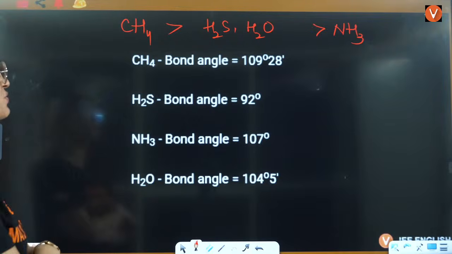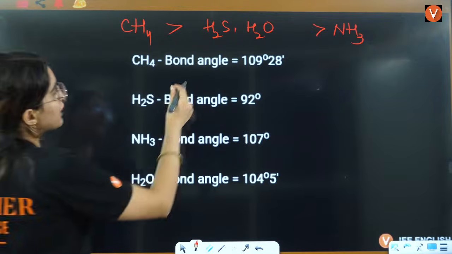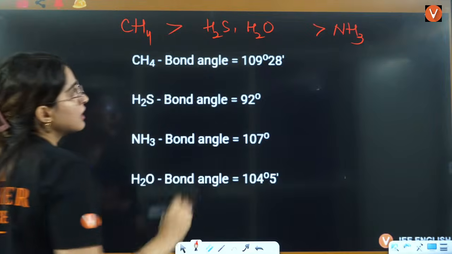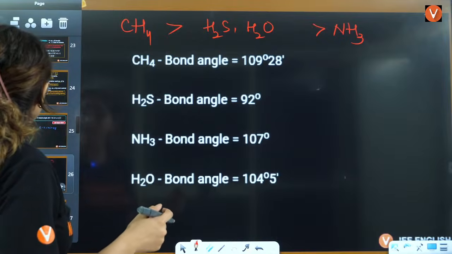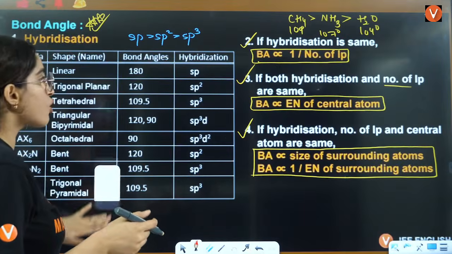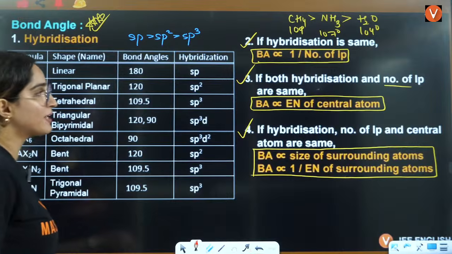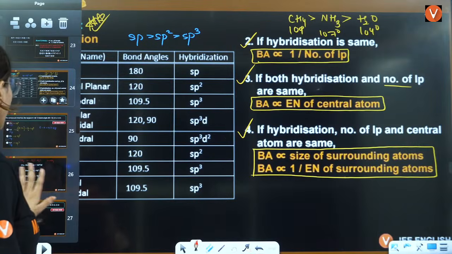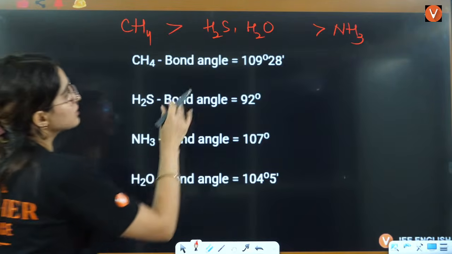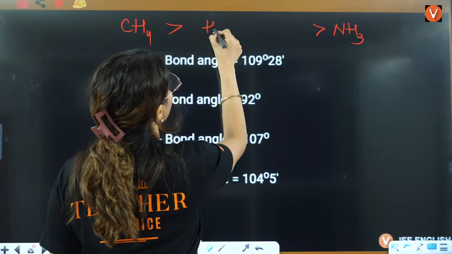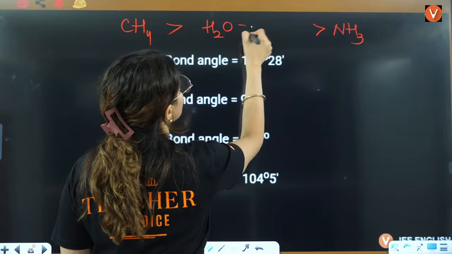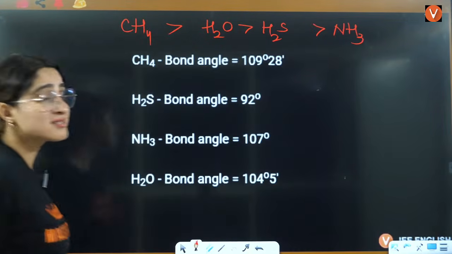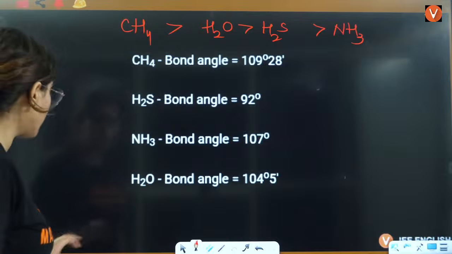Central atom is different, so it depends upon the electronegativity of the central atom. More is the electronegativity, more will be the bond angle. So we know that electronegativity of oxygen is more as compared to sulfur. So the answer will be H2O, then you will have H2S. That's how you can write even the order here.